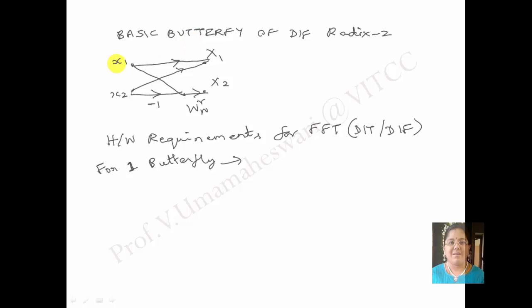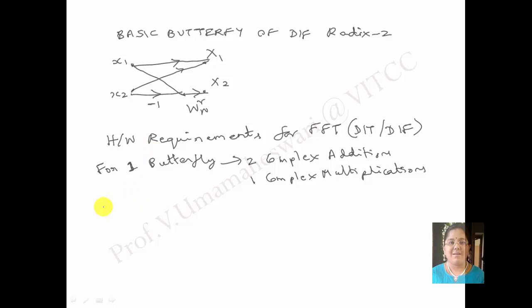For getting X2, you need to perform one complex multiplication plus one complex addition. So, for one butterfly, you'll have 2 complex additions and 1 complex multiplication.